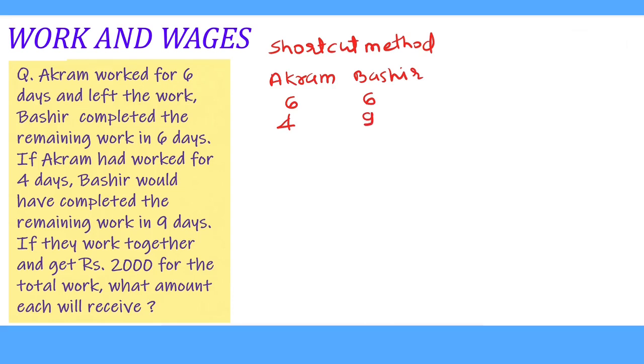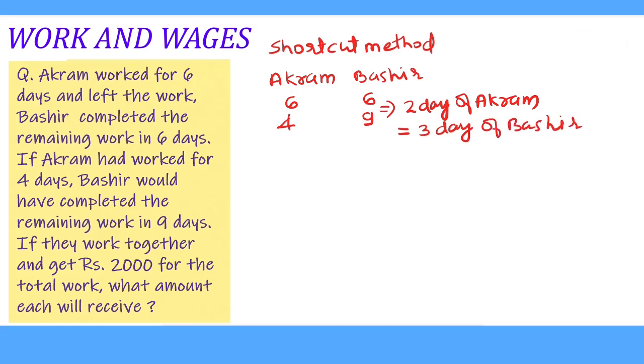So if we subtract 4 from 6, this gives 2 days work of Akram equal to 6 subtracted from 9, which is 3 days work of Bashir.